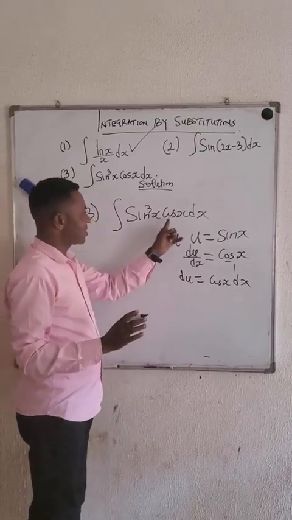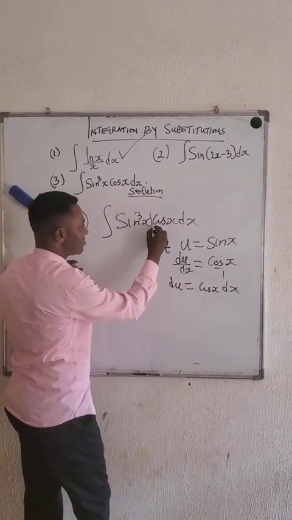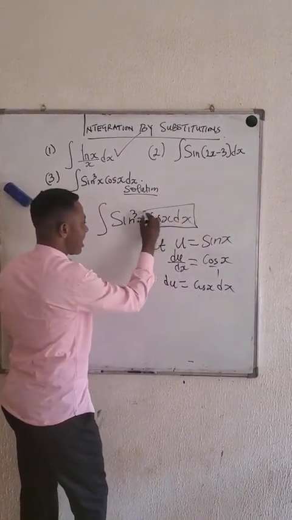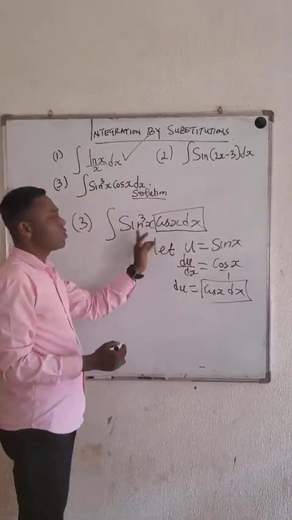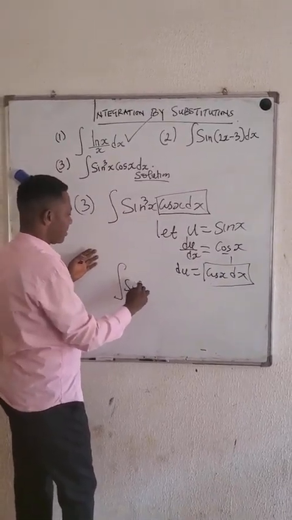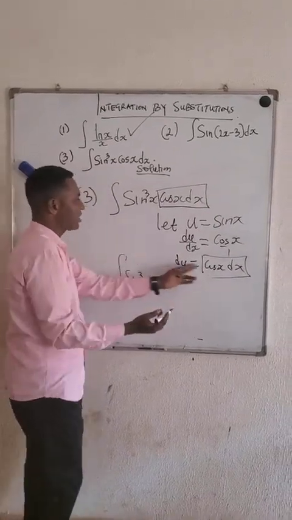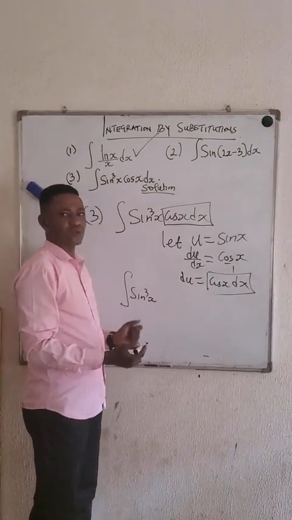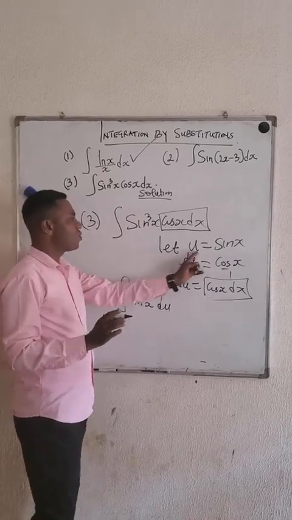If you look at this critically, there's a relationship between this and this. So it means we can reduce this function to be like this: sine x, and instead of writing cos x dx now, we make it du. And also check very well. We said u should be sine x.